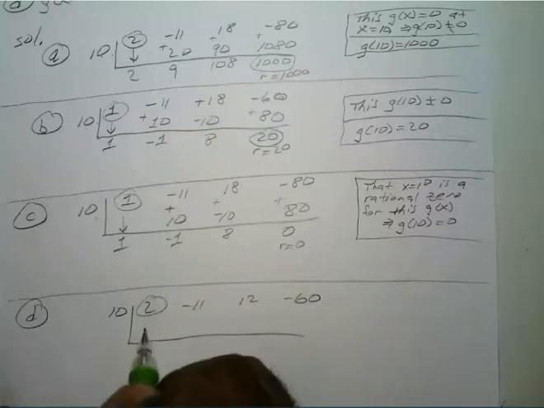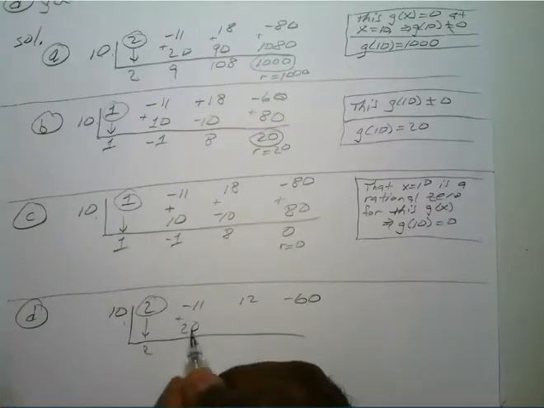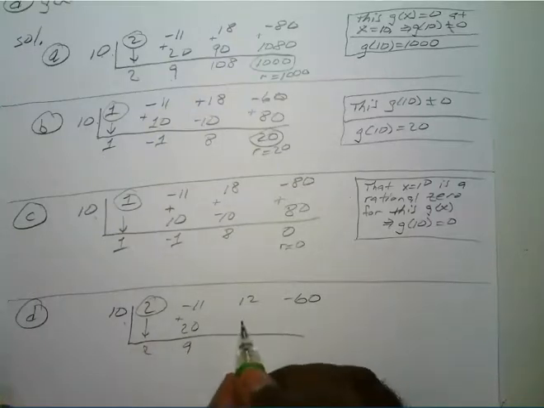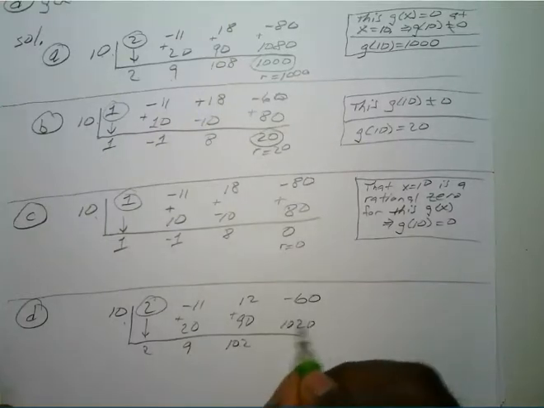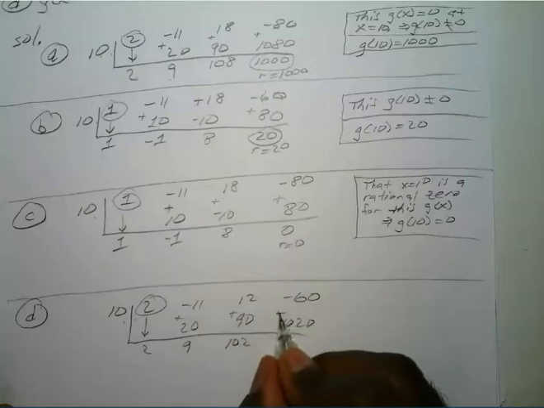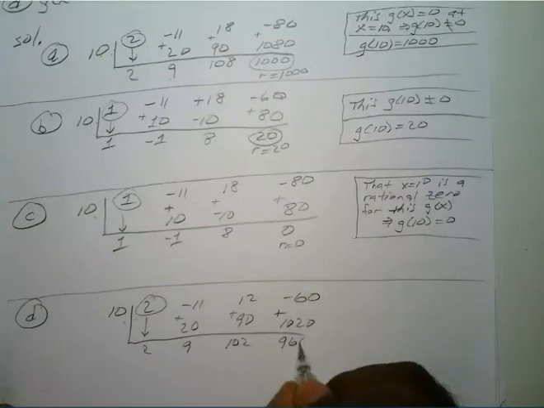So we bring down our first one. 10 times 2 is 20. Add these two together, and we end up with positive 9. 10 times 9 is 90. Add these together, we get 102. 10 times 102 is 1020. Add these two together, we get 960.